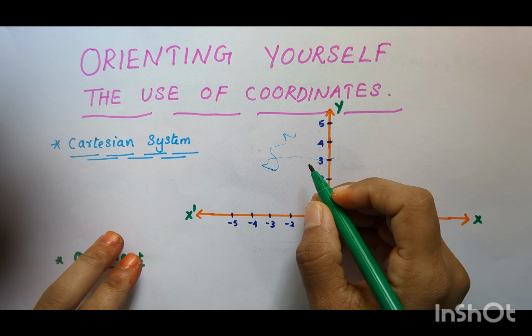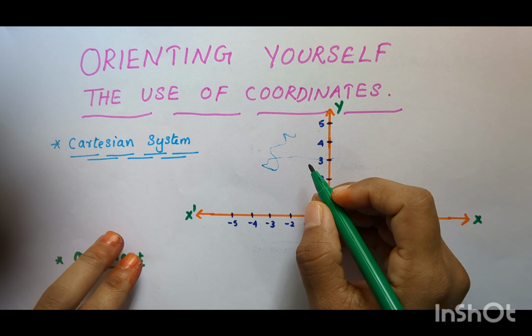See, if I consider this particular point P in the xy plane or Cartesian plane, what will be its x-coordinate? X-coordinate is the perpendicular distance from the y-axis to this point, which is measured along the x direction. To this particular point from the y-axis, this much distance is there.